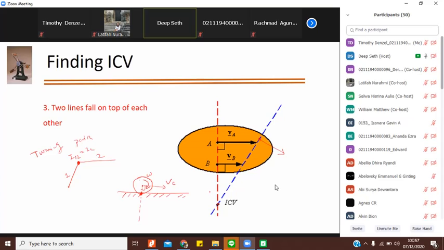The other way to find it is like, for example, let's say you have this roller. Let's say you don't know the direction of VC. So simply what you will do, let's say you consider one point over here, one point over here.